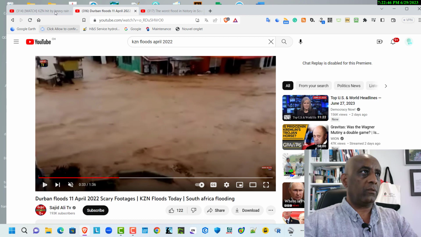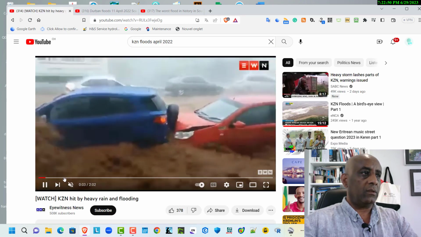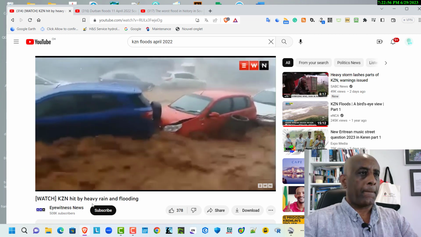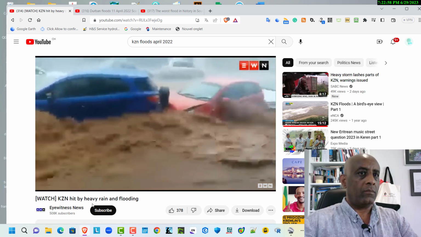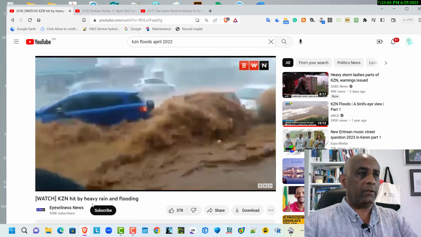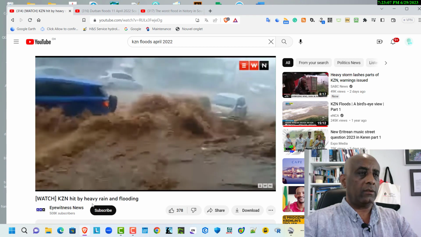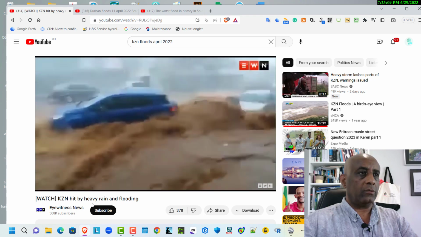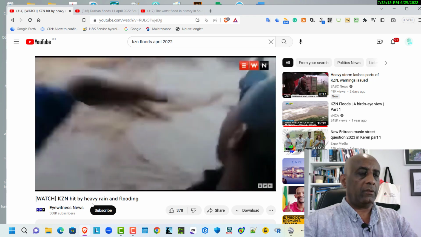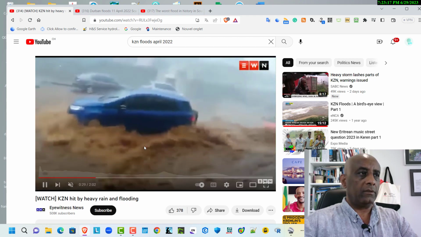We can see also the other one. You can see this. This is the flood that occurred in 2022 in KwaZulu-Natal, Durban, Newcastle, Mpumalanga, all of the places.